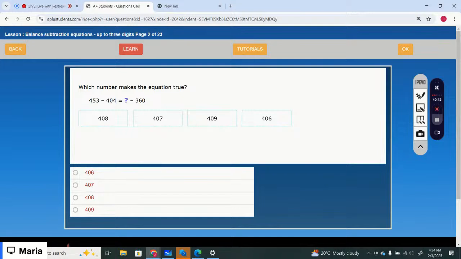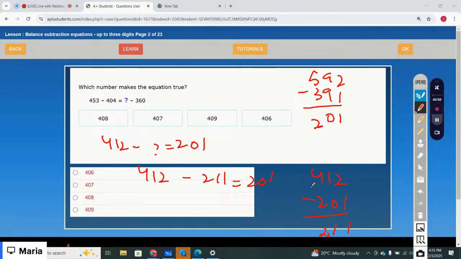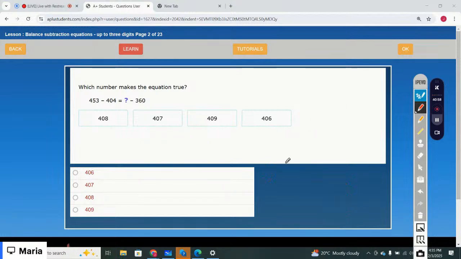Which number makes the equation true? 453 minus 404 equals the missing number minus 360. 453 minus 404 is, so you need to borrow 1. 13 minus 4 is 9. 4 minus 0 is 4.